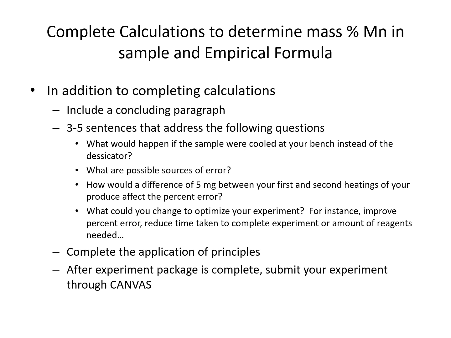What would you expect? You can calculate it out and see what would happen. And if you had to optimize your experiment, what aspects of the experiment do you think that you could do, and explain why you can make those changes and that would improve your experiment. Complete your application of principles and then submit your experiment, upload it through Canvas, and that's experiment 3.